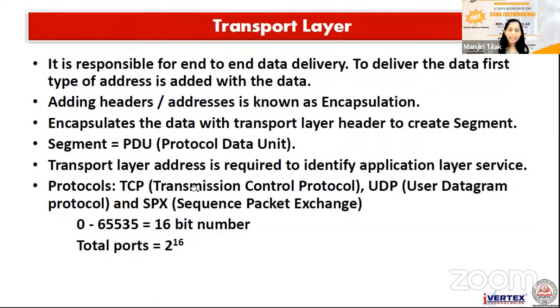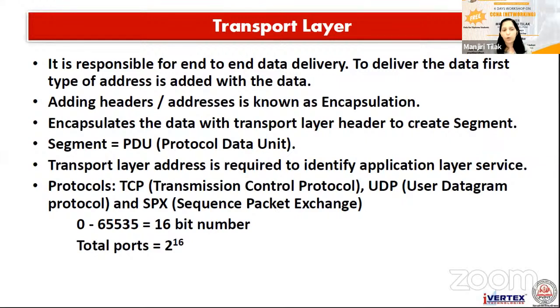Now again, there are various protocols used at the transport layer to convert your data into a segment. Some common transport layer protocols are TCP, that is Transmission Control Protocol, UDP, which stands for User Datagram Protocol, and SPX, that is Sequenced Packet Exchange Protocol, right?